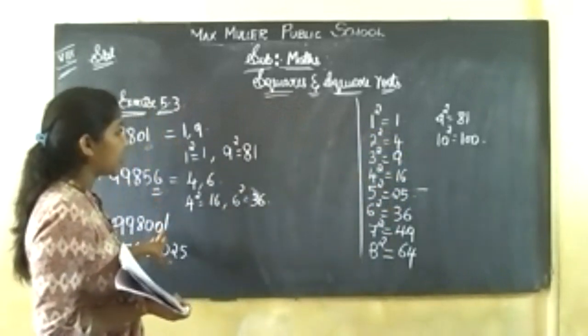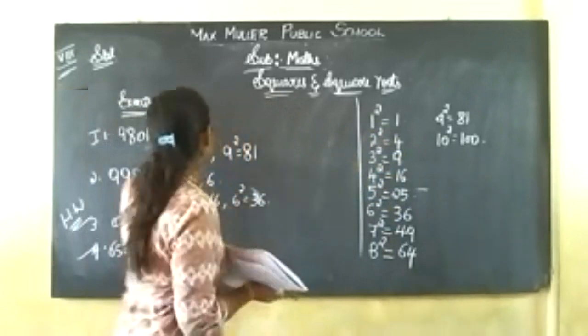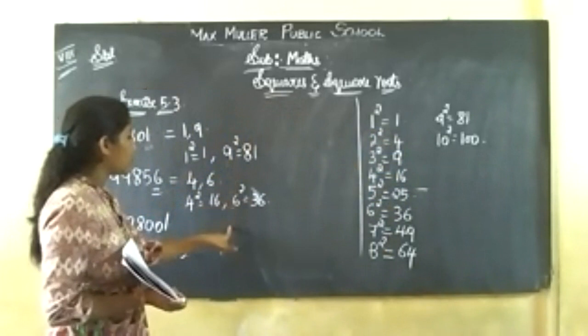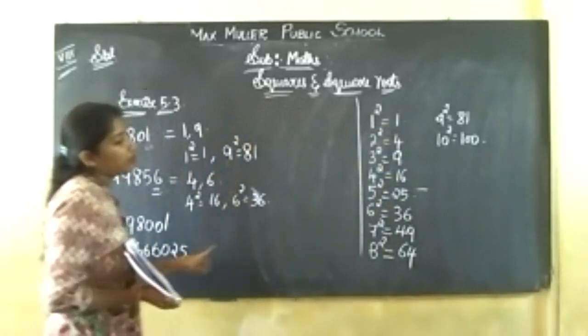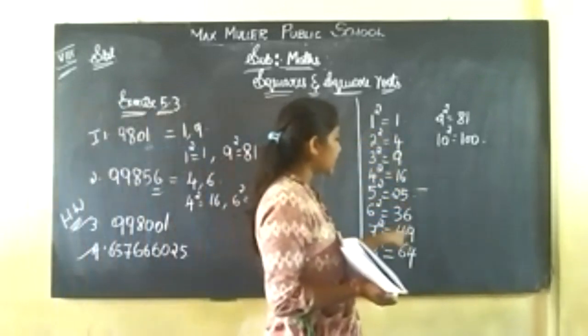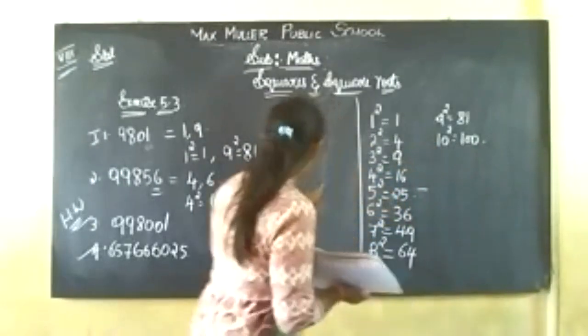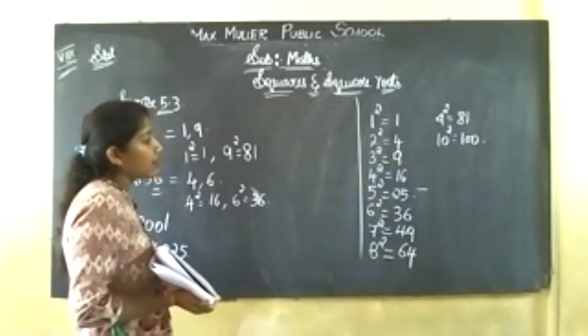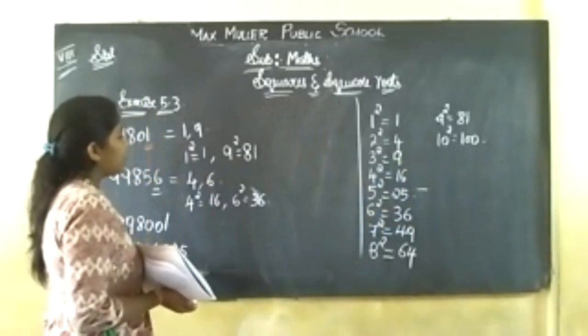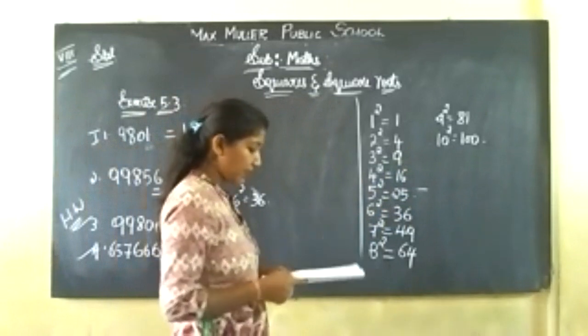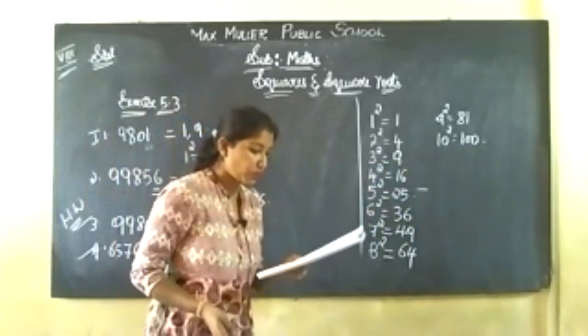Here 1 is there again, so the answer is 1 and 9. 1 square is 1, 9 square is 81. Here 5 is given, so check 5. That is 5 square, only one number. You have to write 5, and 5 square is equal to 25. Hope all understood. Let me go to the next question.